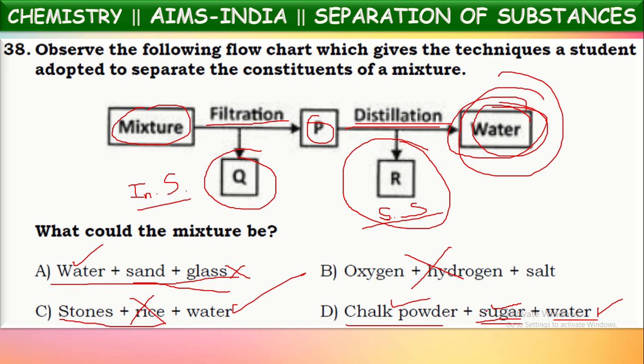So this is also correct. So if you take the mixture of chalk powder, sugar, and water, then we can separate chalk powder by filtration first, and then sugar by the distillation process, and finally water will be obtained. So now we can say this is the mixture which was taken by the student for the separation in this manner. Got it?